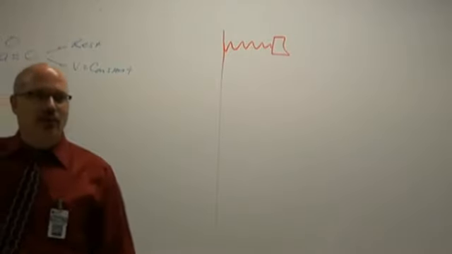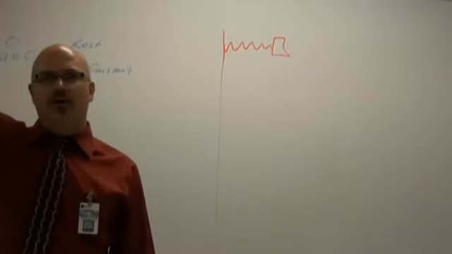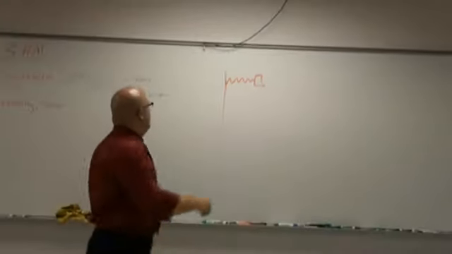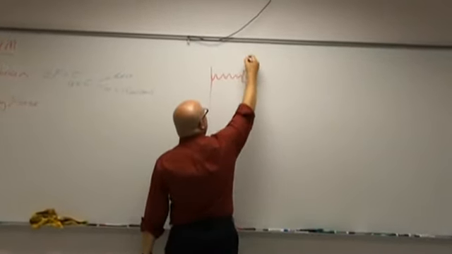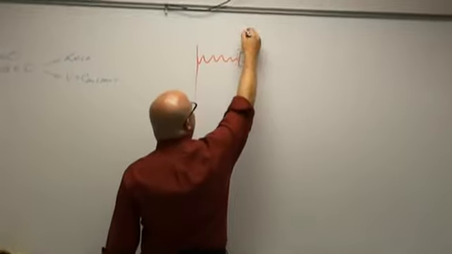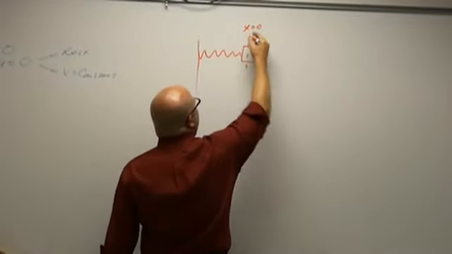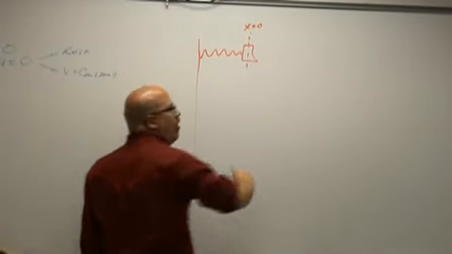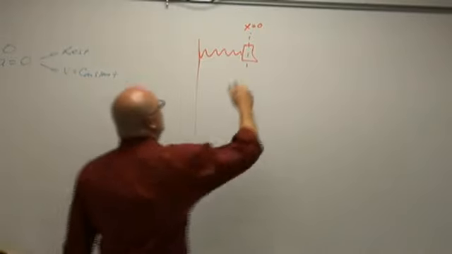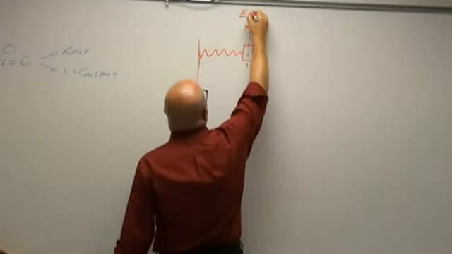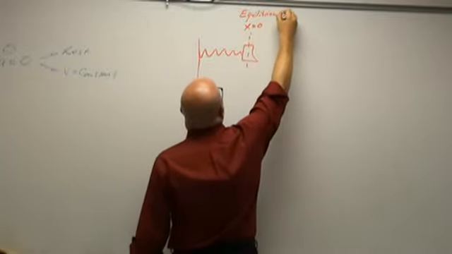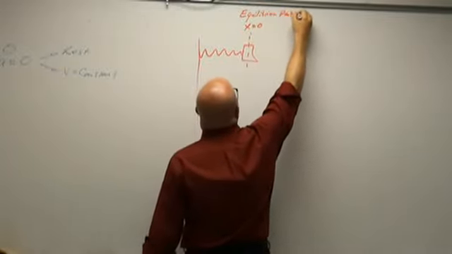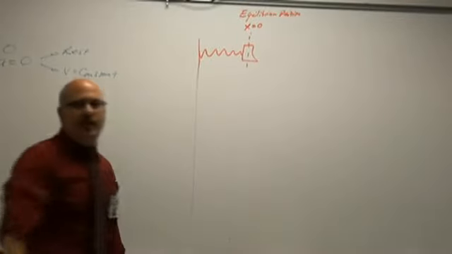So assume it's on a table, so we don't have to worry about gravitational changes. Right here, where the spring is just stationary and not pushing to the right or left, we call that x equals 0, and all the forces cancel out. That's our equilibrium position.